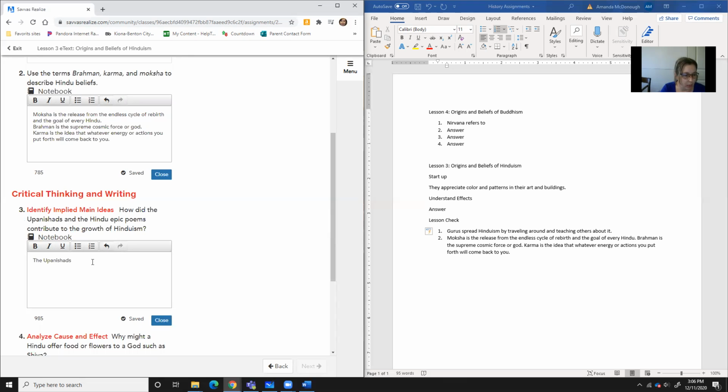I literally have to copy it. So the Upanishads were teachings by the gurus to connect people to the ideas of Hinduism.